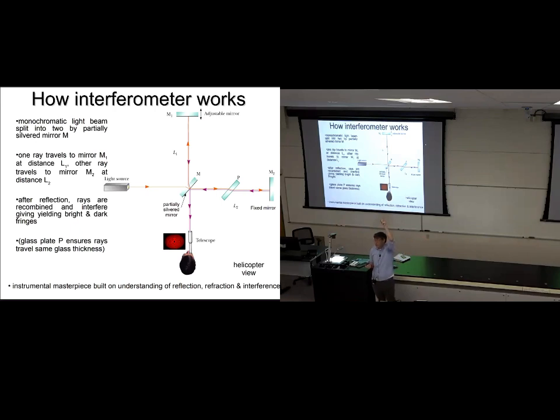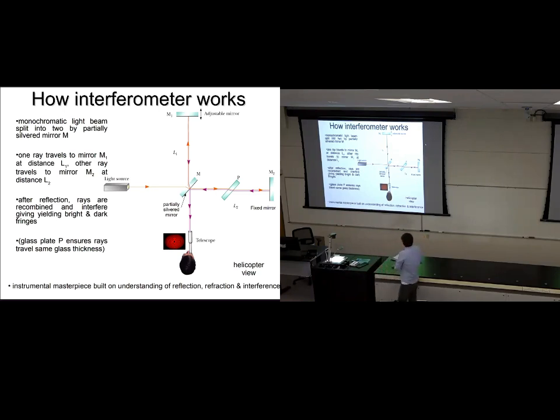On the ceiling, the top of the interferometer in the sketch, is a mirror. This is a fully silvered mirror that's going to reflect all the light. On the wall over here, or on the right in the overhead, there's also a mirror. It's a fully silvered mirror. Again, it's going to reflect all the light.